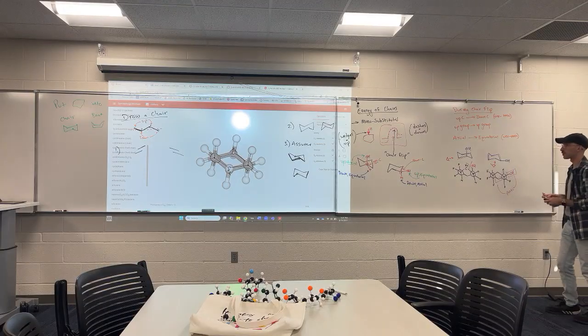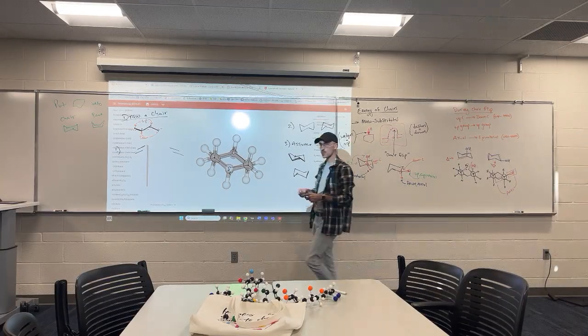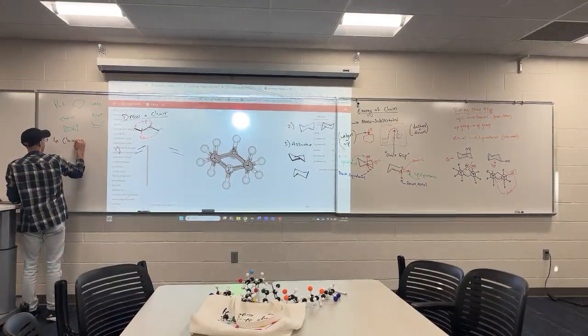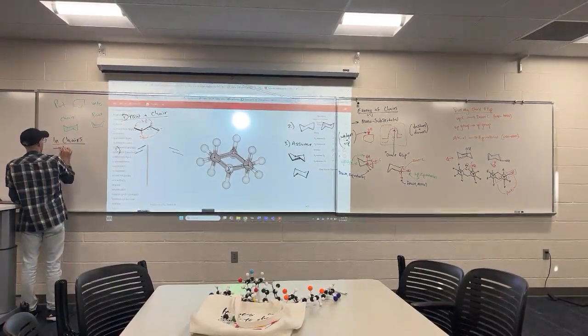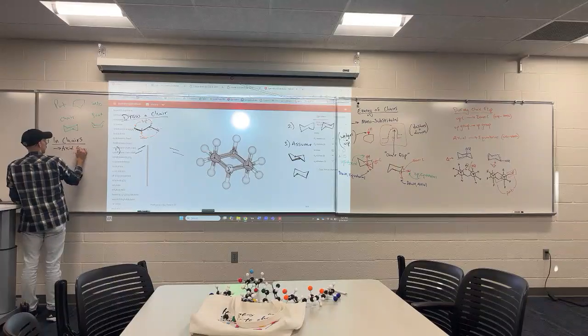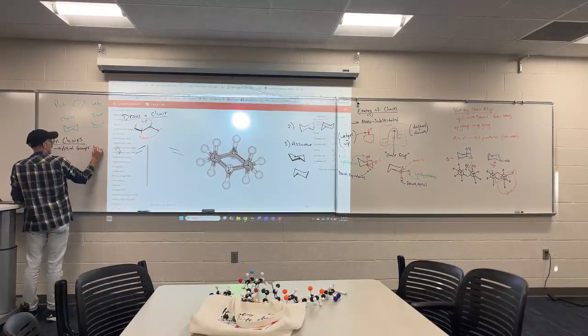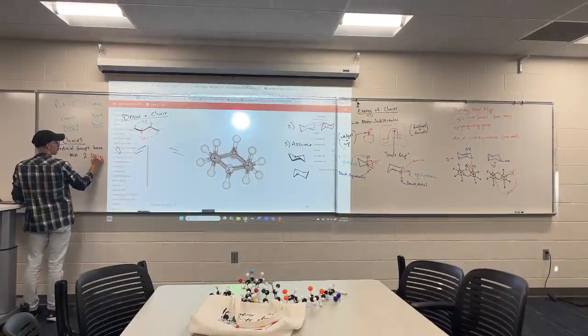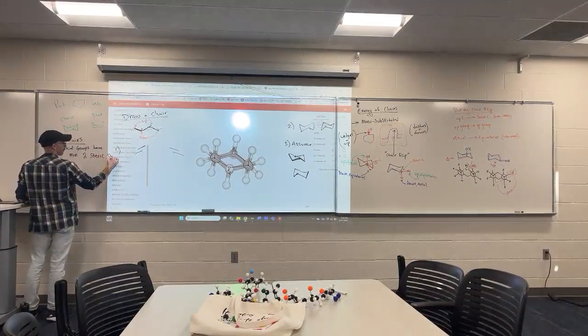So here's the rule. In chairs, axial groups have a minimum of 2 steric strains.